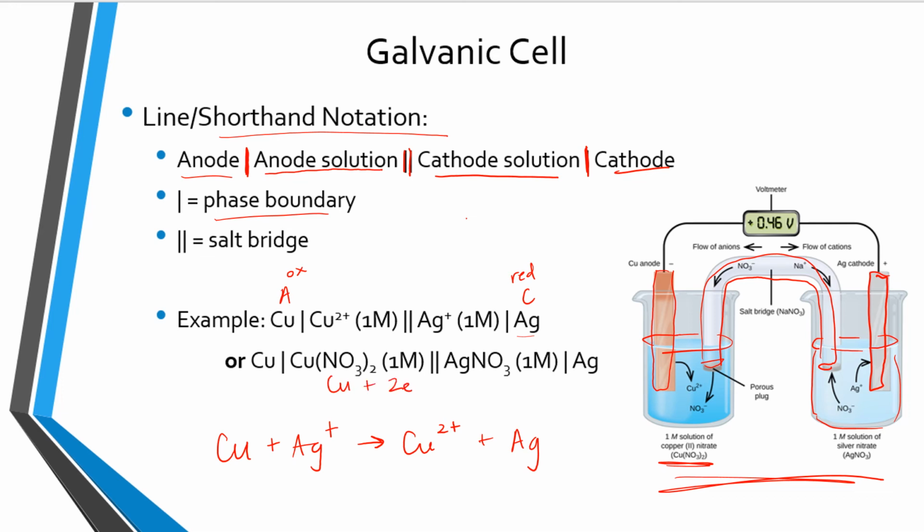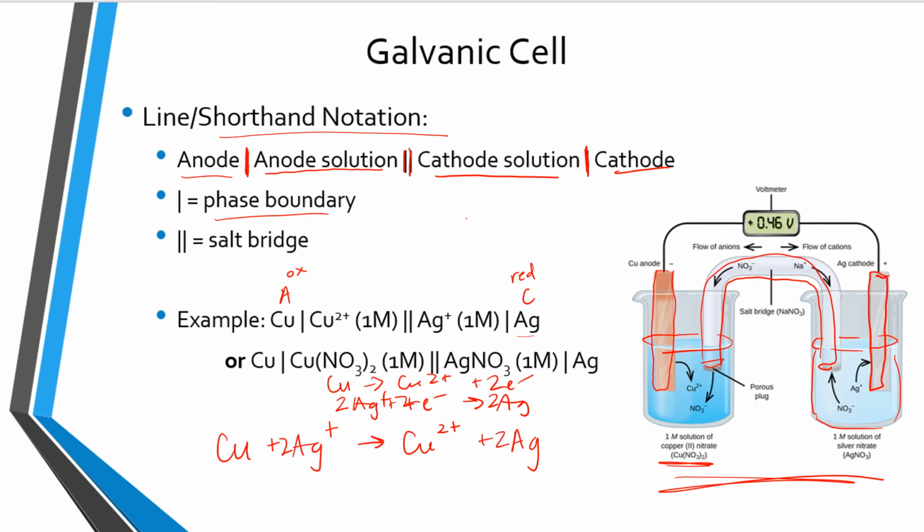Now, of course, our half reactions: copper yields copper 2+ plus 2 electrons, silver plus an electron yields silver. That would have to be multiplied through by 2 to make these electrons equal. And so we would have 2 silvers.